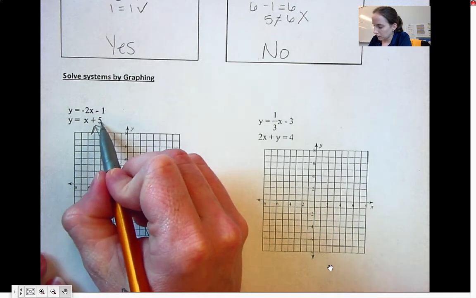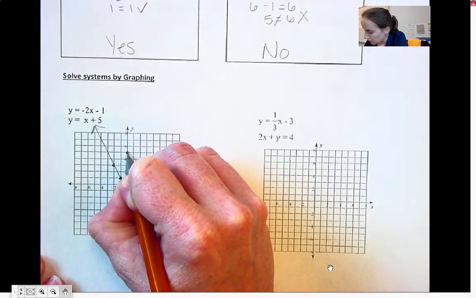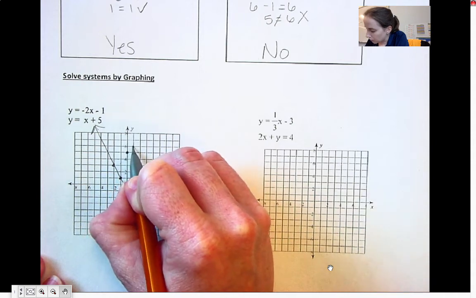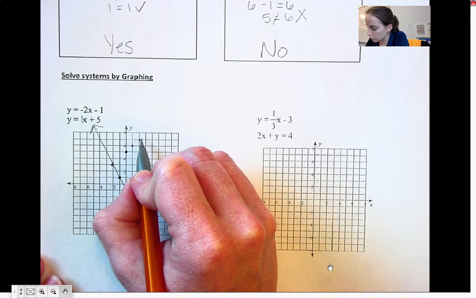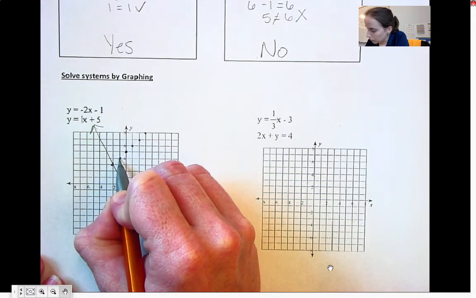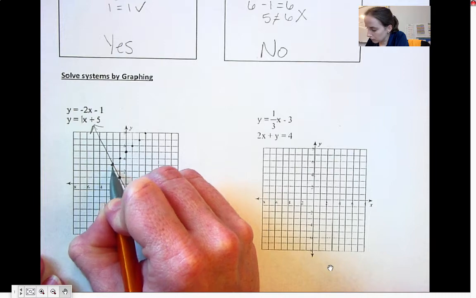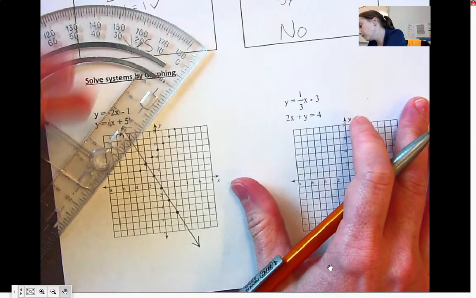The second one, I start at positive 5, and I go up 1 over 1. The slope here is understood to be 1, so that's 1 over 1, down 1, backwards 1, or to the left 1 if you'd like to say it that way.